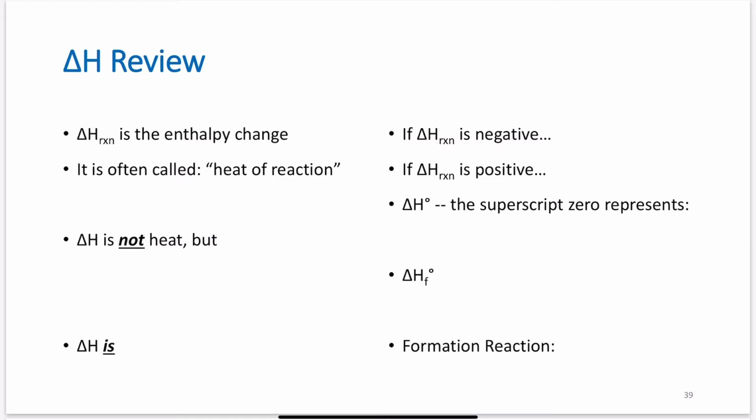So, a review on delta H. Remember that delta H is your enthalpy change, but we often call this the heat of the reaction because delta H is equal to Q at constant pressure. Q being heat, so delta H is equal to the heat of the reaction under constant pressure conditions. Delta H is not actually heat, but you can think of it like being like heat.